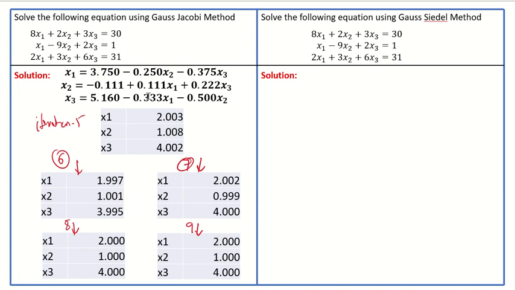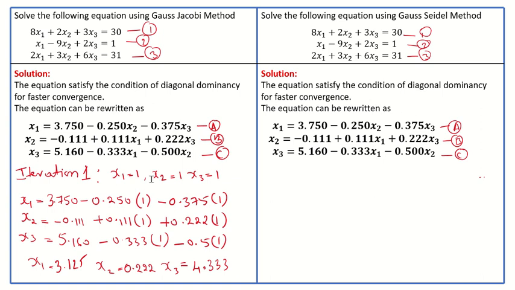Now let us go for the Gauss Seidel method. We will see how we are going to do it in the Gauss Seidel method. Okay, in the Gauss Seidel method, as I said earlier, the equation you are going to develop is like the Gauss Jacobi method only. But the thing is, here you are going to get the answers sooner. Okay, so what we are going to do in the Gauss Seidel method?